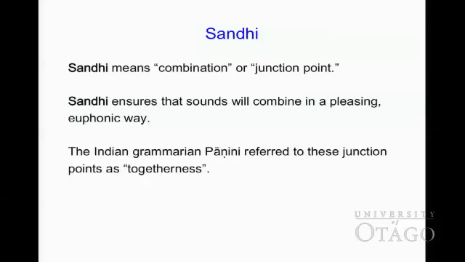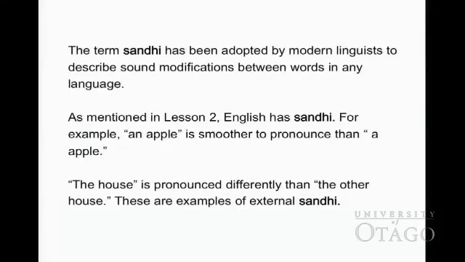Sandhi means combination or junction point. Sandhi ensures that sounds will combine in a pleasing euphonic way. The Indian grammarian Panini referred to these junction points as togetherness. The term Sandhi has been adopted by modern linguists to describe sound modifications between words in any language.